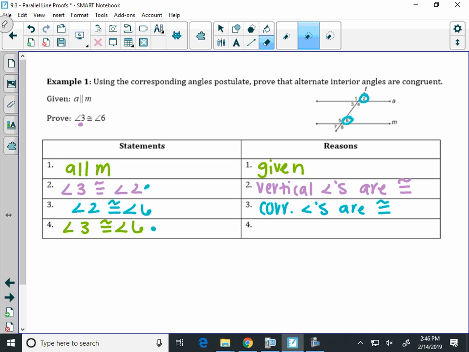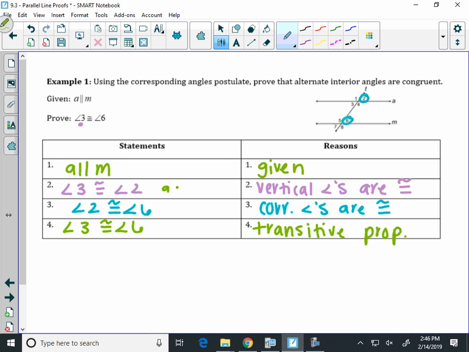Your very last statement with these parallel line proofs is the same every single time. Your reason for parallel line proofs is always the transitive property. This is exactly what we use to link 3 things together. A equals B, so angle 3 is the same as angle 2.